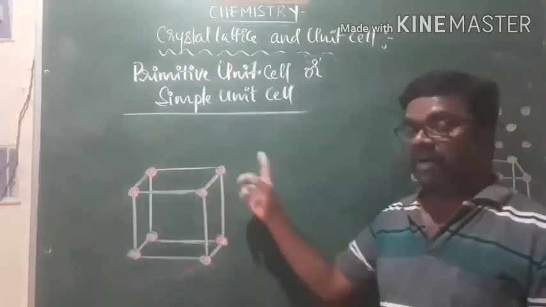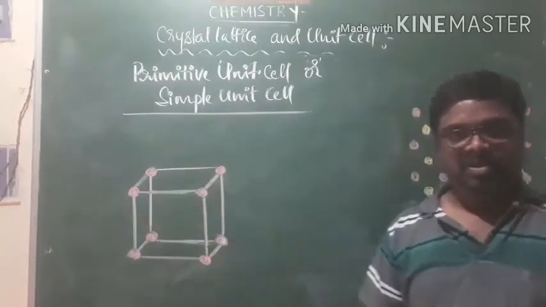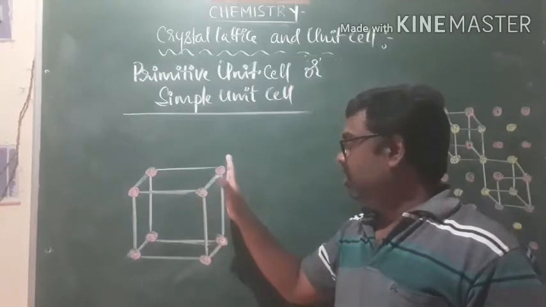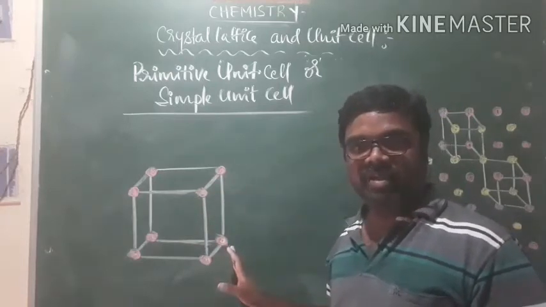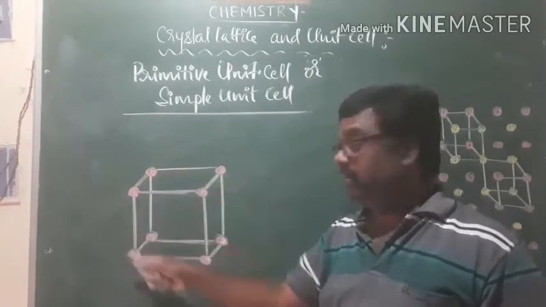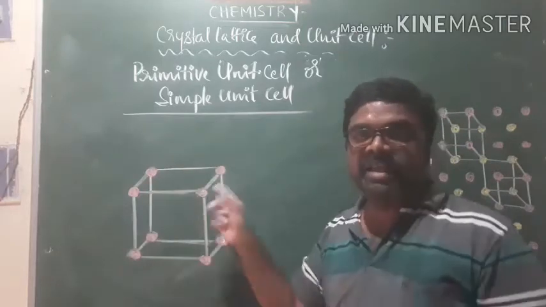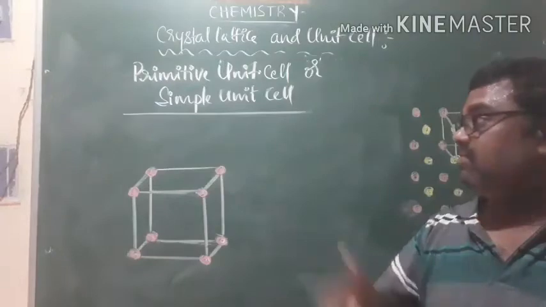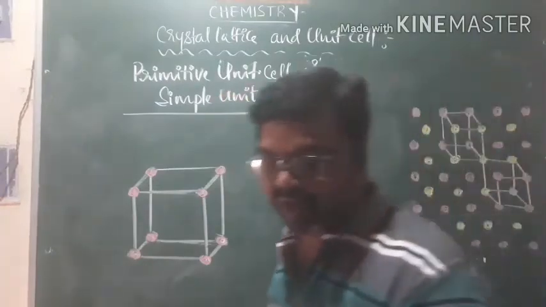Lattice points are found only at the corners of the unit cell. We don't find particles in the body of the unit cell or in the faces of the unit cell, okay? Such type of arrangement is called a simple unit cell.